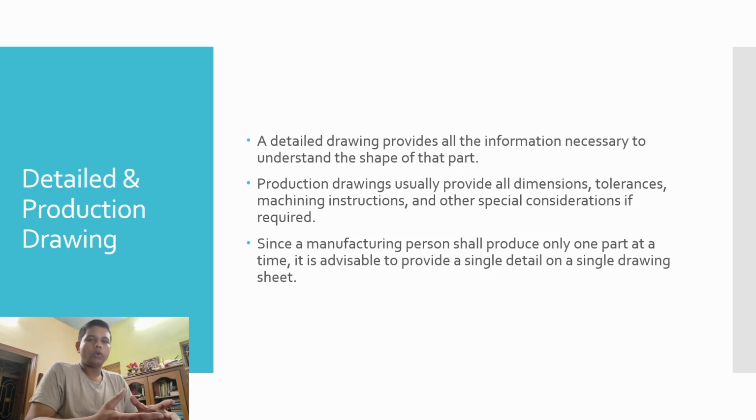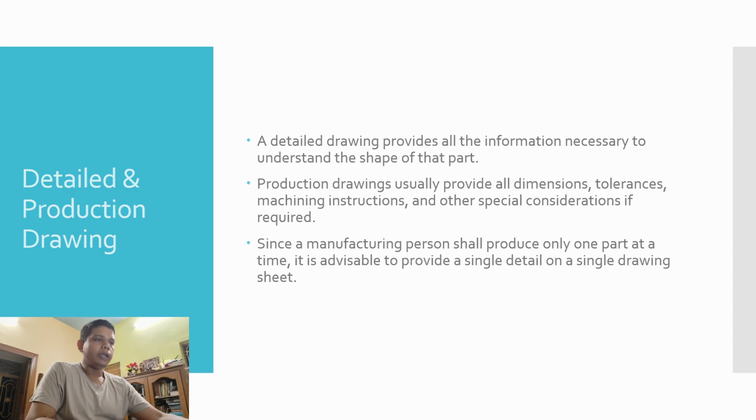More or less often, we produce wrong parts, except the one which is required. That is a very common mistake which usually happens in our traditional drawing production process. But the actual genuine method would be to produce a single detail in a single drawing sheet. That is what should happen in a standard drawing practice procedure.